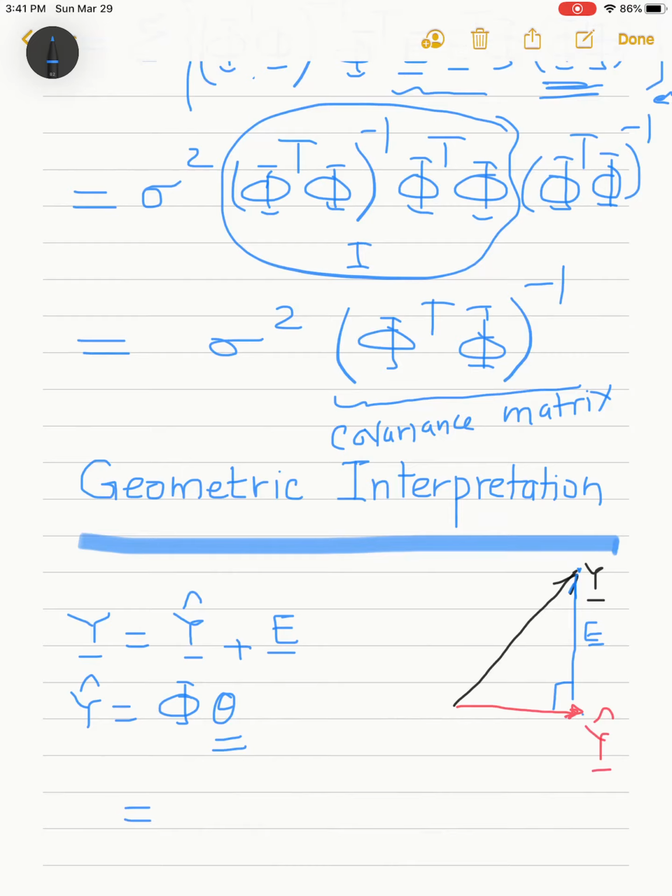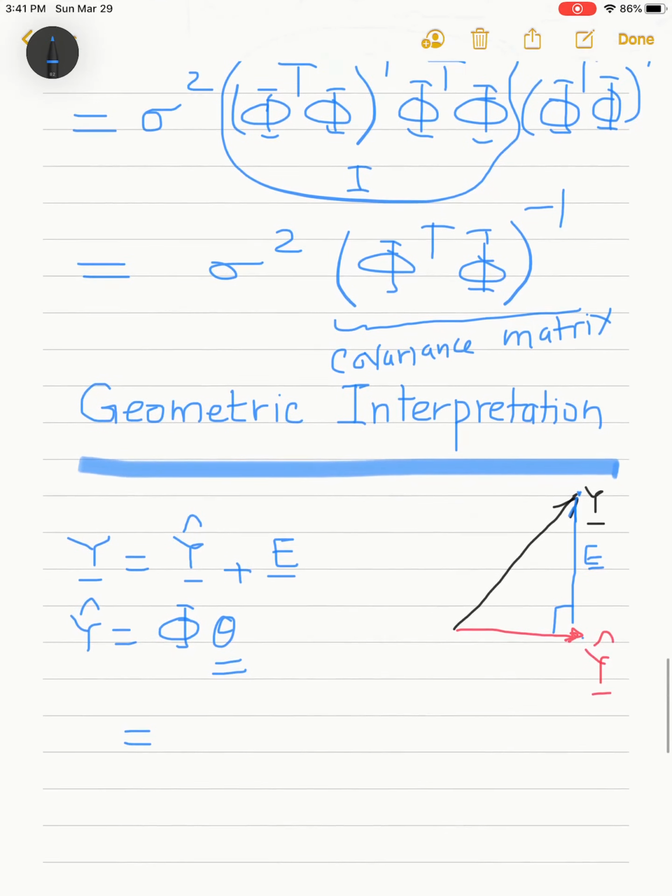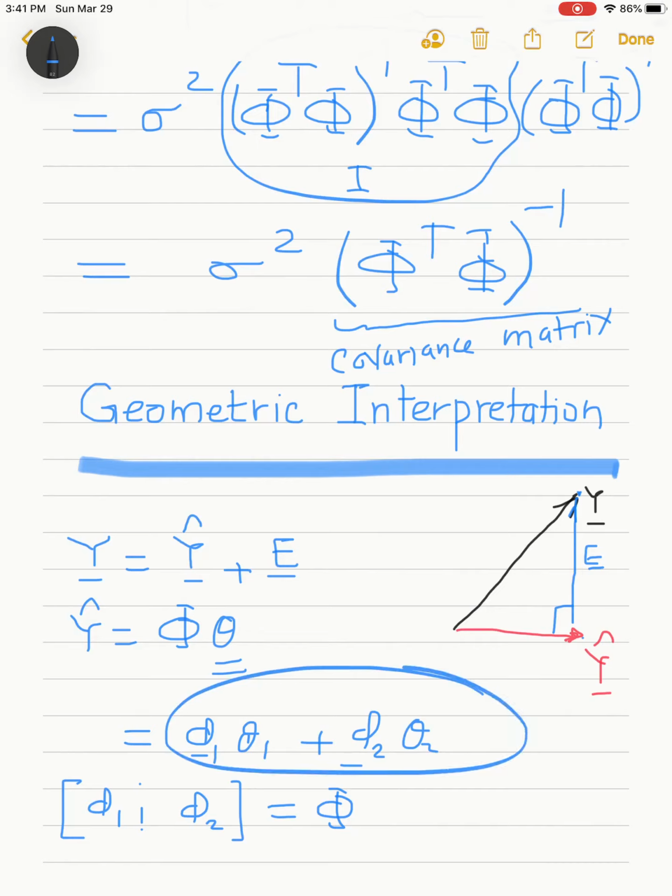I can also write an expression for y hat as phi 1 times theta 1 plus phi 2 times theta 2, where phi 1 and phi 2 are just the columns of the matrix phi. We can write this expression, and in that case I can represent this summation in terms of two basis functions.